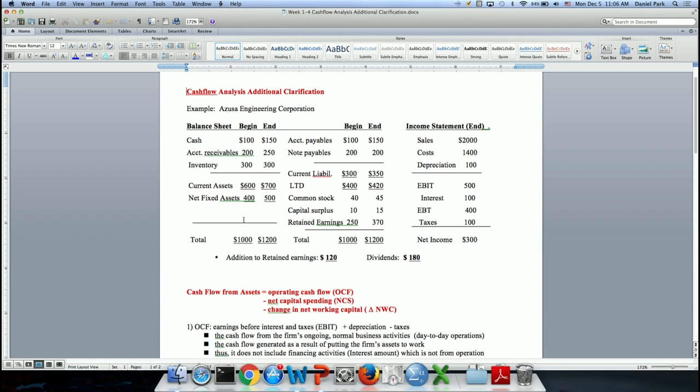So the actual cash outflow from fixed assets, or this net capital spending, should be not 100 but 200. So how can we get 200? By doing 500 ending fixed asset minus 400 beginning fixed asset plus this depreciation. So 500 minus 400 plus 100 ended up 200 million.